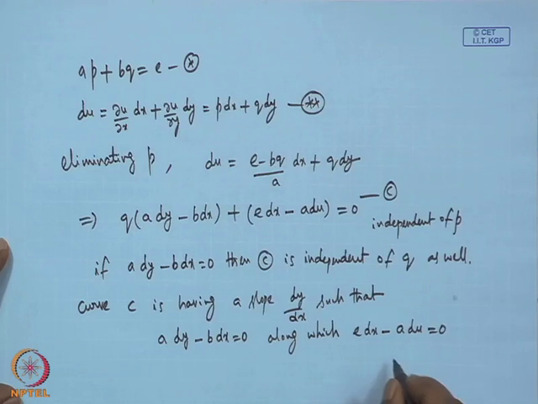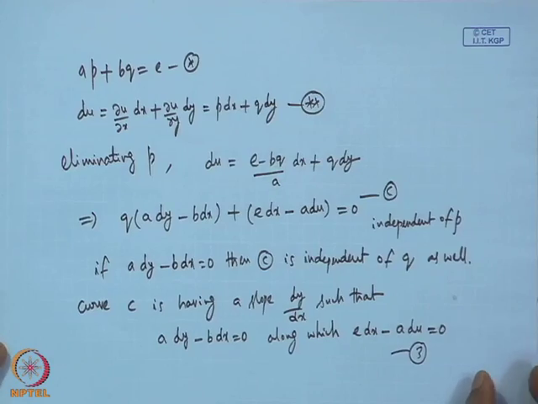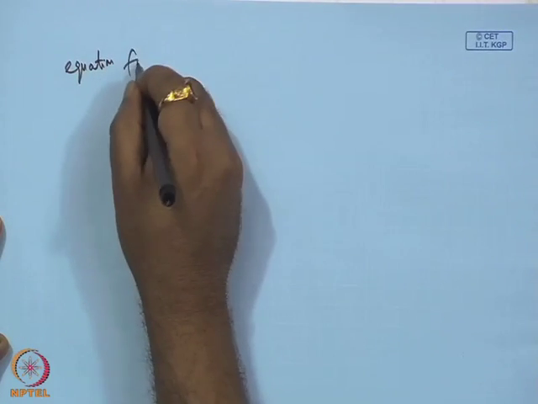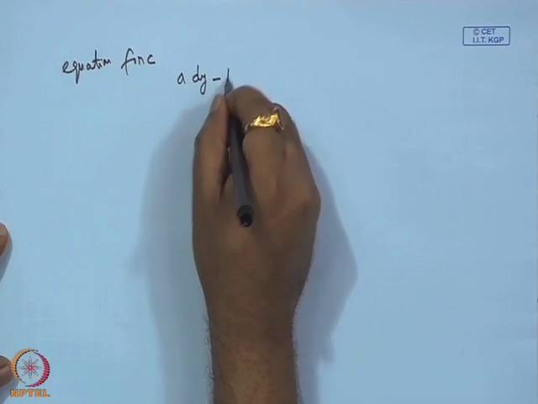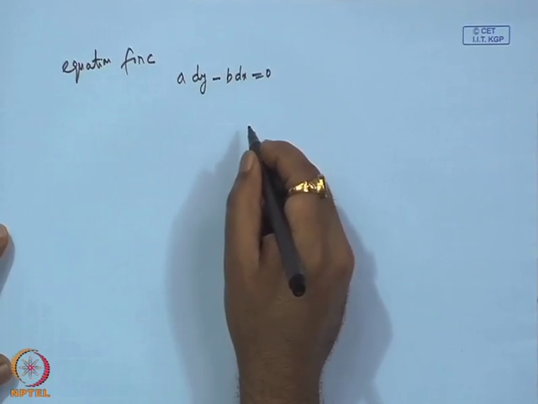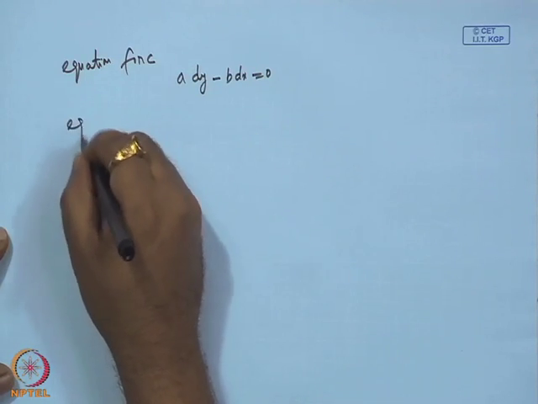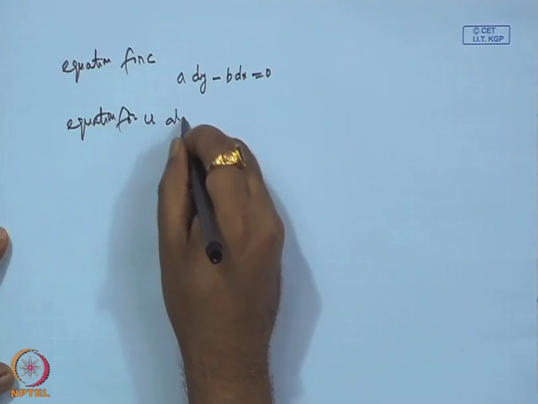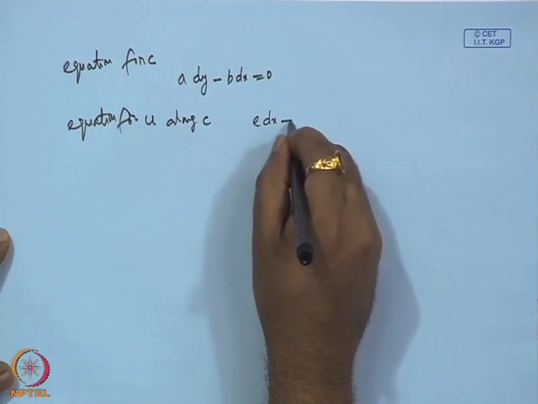This is satisfied. So, that means the equation for C is A dy minus B dx equals 0, and the equation for u along C is given.